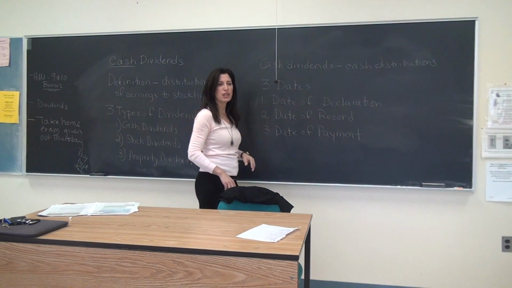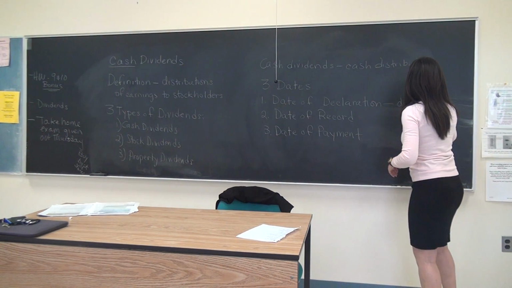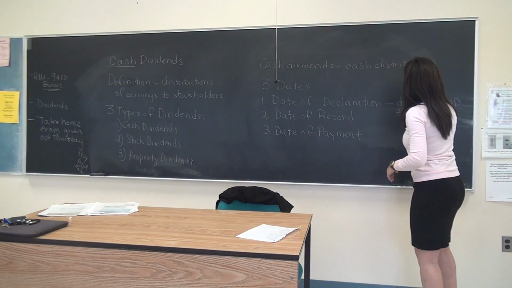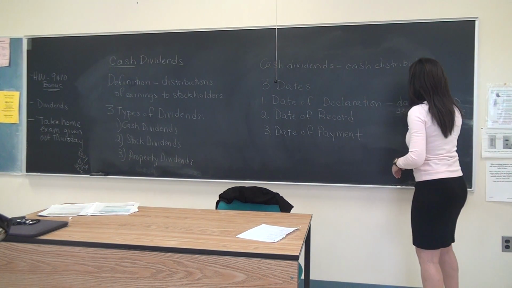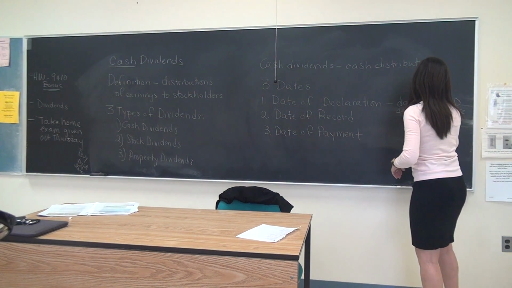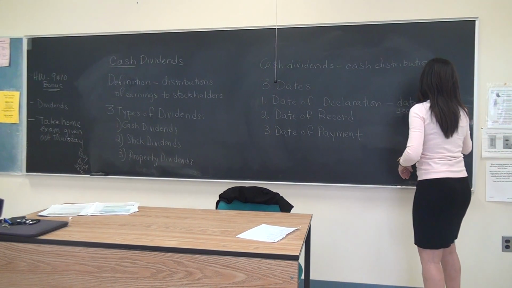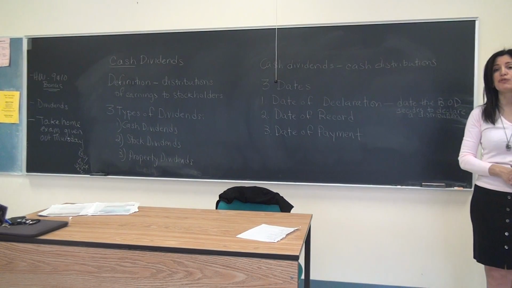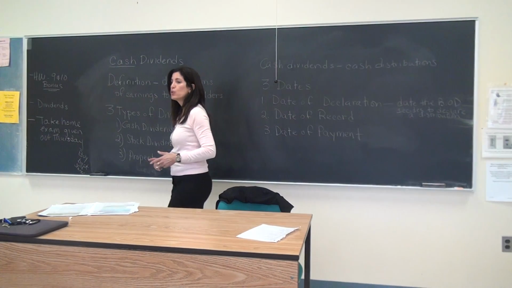The date of declaration is the date the board of directors decides to declare a cash distribution. So there's a board of directors meeting, and at that meeting, there's a vote to declare dividends or not.